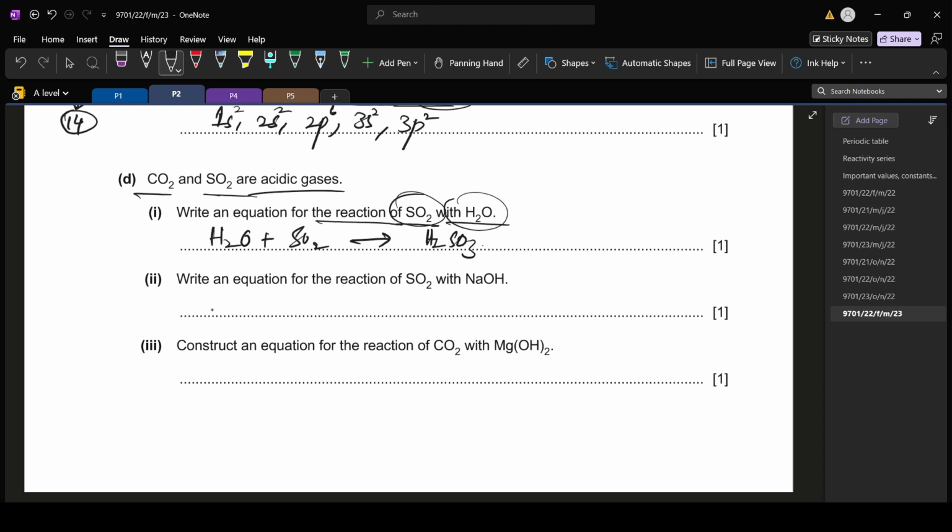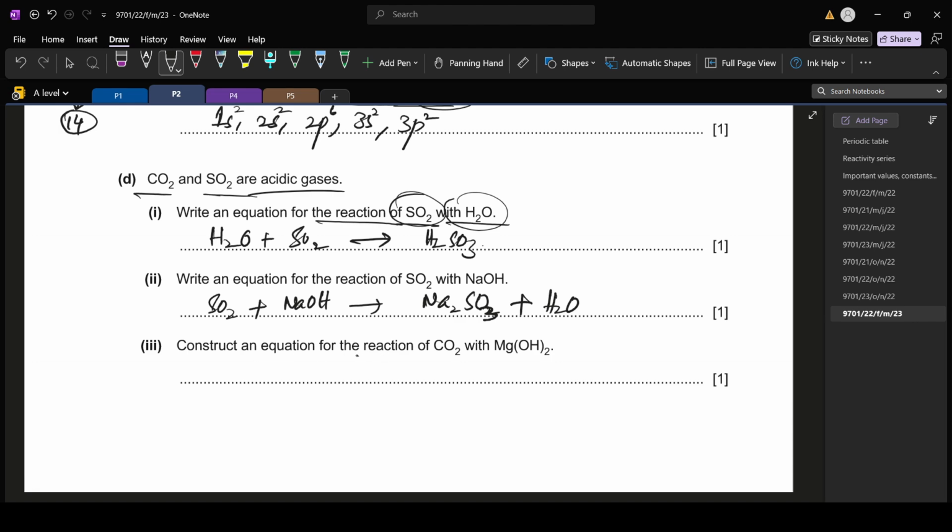Okay. Now when sulfur dioxide reacts with NaOH, it forms sodium sulfite. Okay. So in SO2, sorry, SO3 plus H2O. Okay.